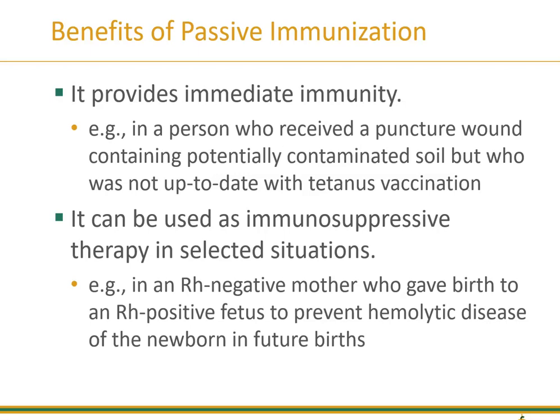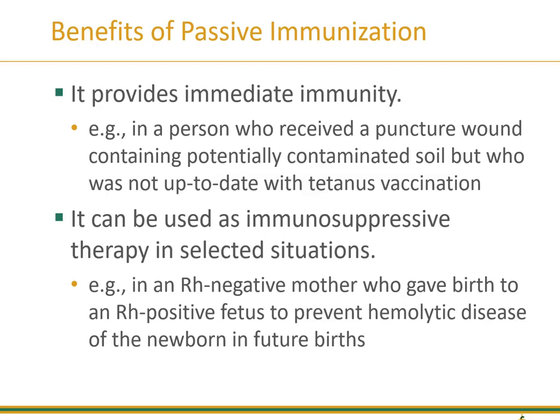The benefit of passive immunization with these monoclonal antibodies is that it provides immediate immunity. Say a person stepped on a rusty nail and got a puncture wound, possibly contaminated from soil, and they hadn't gotten their tetanus vaccination like they should have.